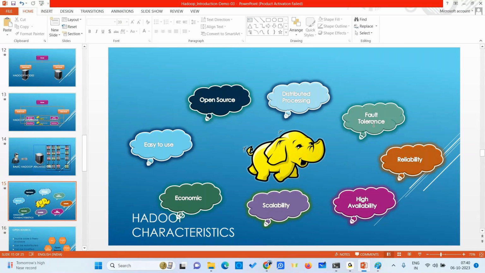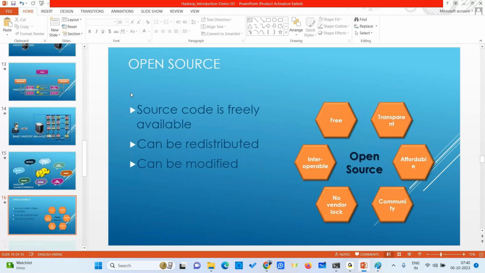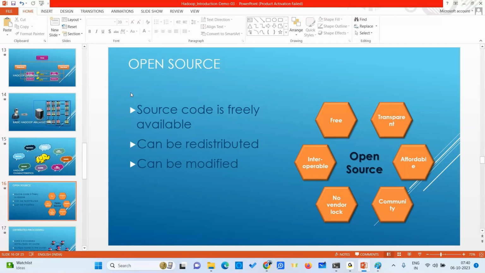It has reliability, high availability and scalability, meaning we can increase the number of disks as and when required, and it is very cheap, economic and easy to use. The source code is freely available, which is called open source. It can be redistributed and modified.